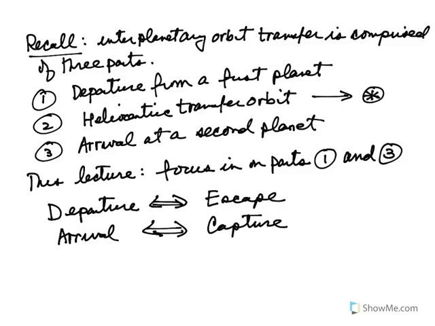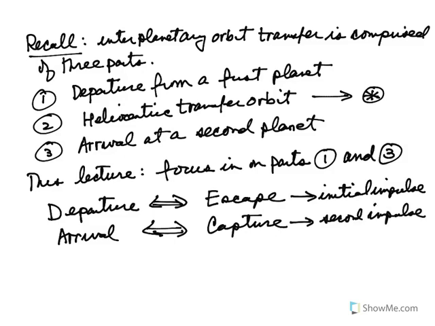Now it's not exactly that because we have to apply propulsion in order to do that. So the escape actually requires an initial impulse. And that initial impulse gets us out of the orbit about the first planet and onto what's called an escape trajectory or a departure trajectory. Then there's a second impulse that's applied once we get to the second planet to actually put ourselves into orbit about the second planet.